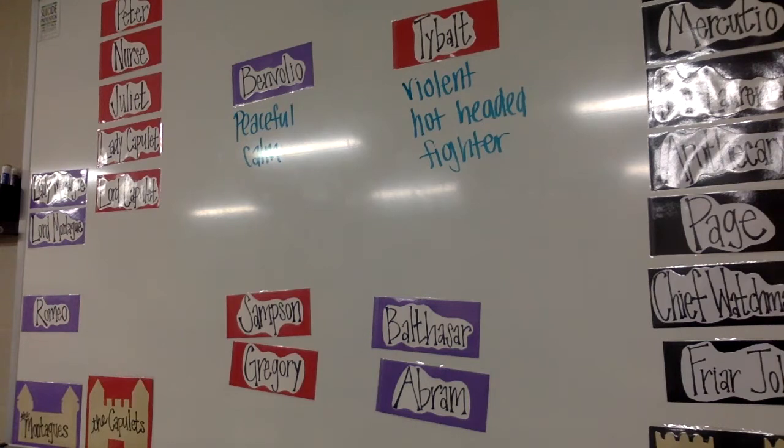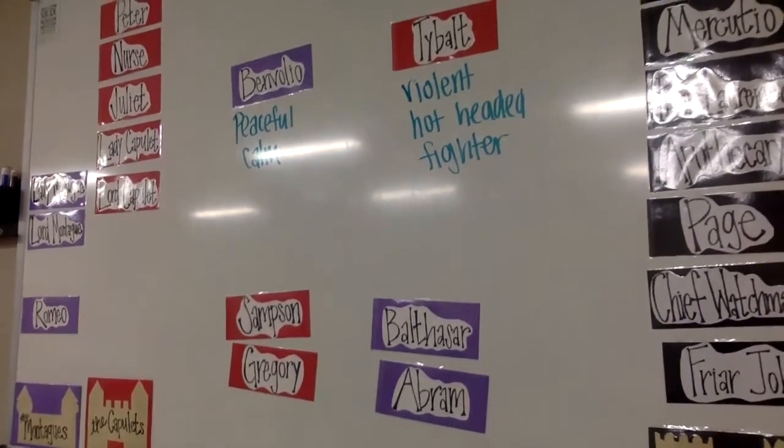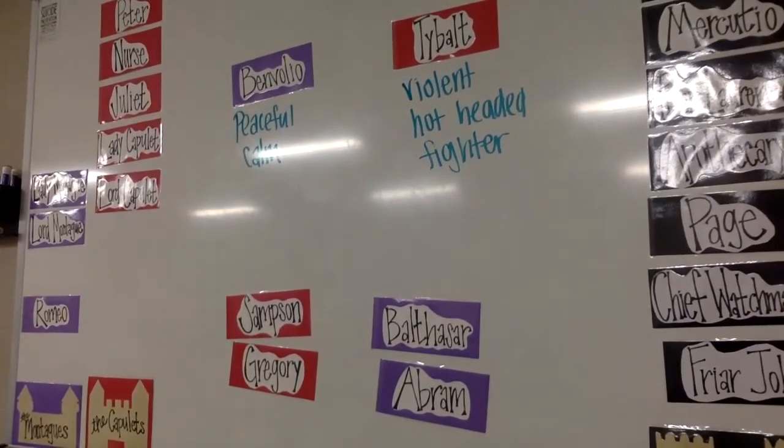Rebellious subjects, enemies to peace, profaners of this neighbor-stained steel. Will they not hear? What ho, you men, you beasts, that quench the fire of your pernicious rage with purple fountains issuing from your veins. On pain of torture, from those bloody hands throw your mistempered weapons to the ground and hear the sentence of your moved prince.